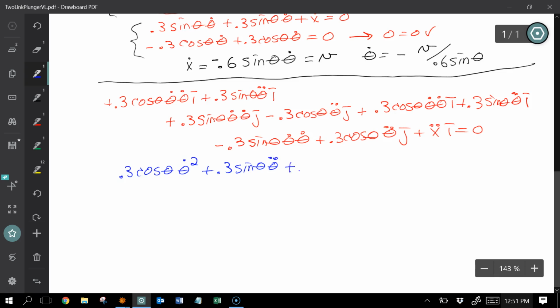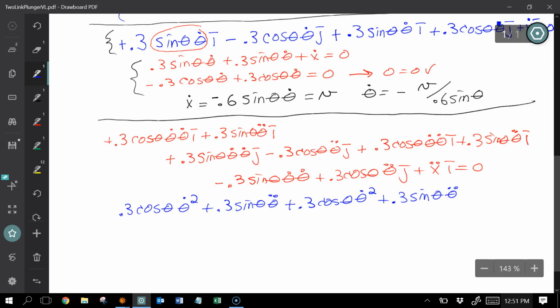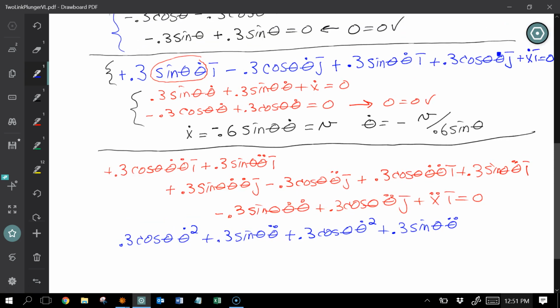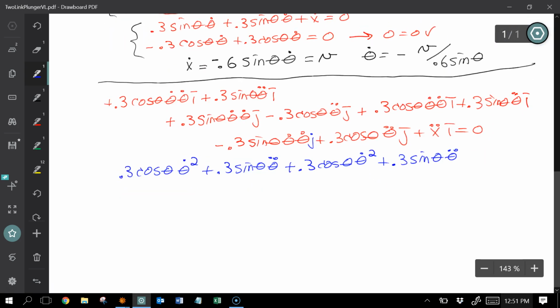Let's see, plus 0.3 cosine theta, theta dot squared, plus 0.3 sine theta, theta double dot. Let's see, I forgot this component, so this term here is a j. Alright, plus x double dot equals 0.